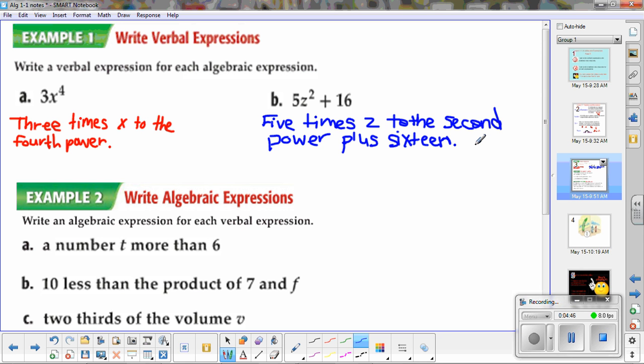Another example for that same problem could be the product of 5 and z squared increased by 16.